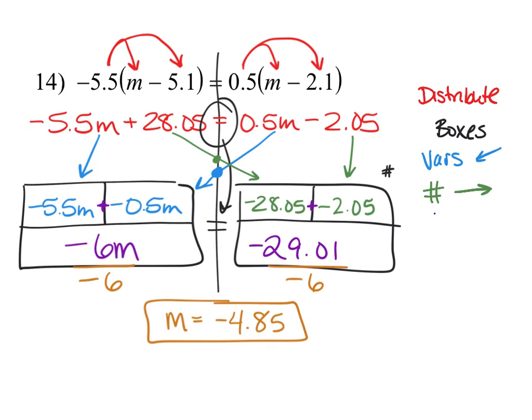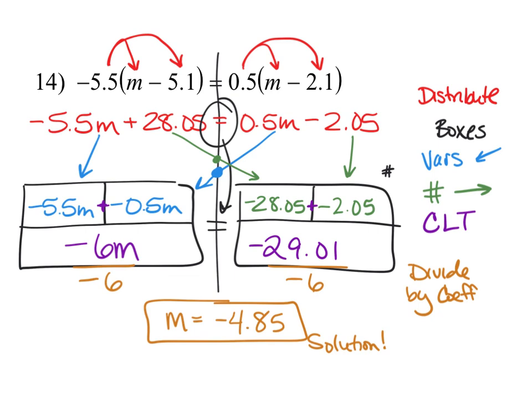We're going to CLT, which means combine like terms. And then we're going to divide by the coefficient of the letter to arrive at our solution. So again, the steps are very similar. It's just a visual representation of what we're doing during inverse operations.